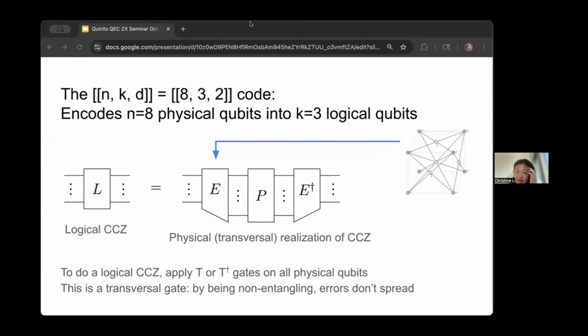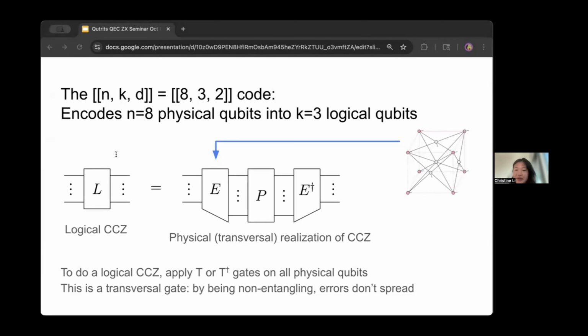This inspiration comes from the 832 code, which is an error correcting code that encodes 8 physical qubits into 3 logical qubits with code distance 2. The encoder can be visualized on this cube structure.